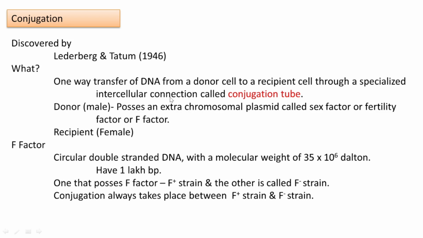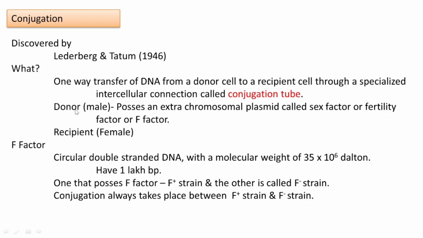What is the name of that specialized structure? It is called the conjugation tube. So in a simple way, what is conjugation? It is the one-way transfer of DNA from donor cell to recipient cell through a conjugation tube.